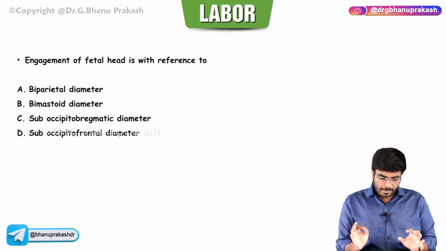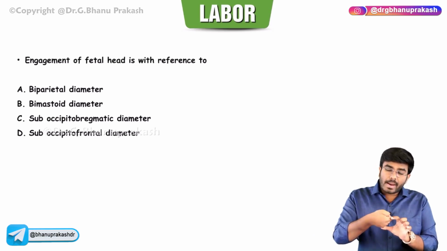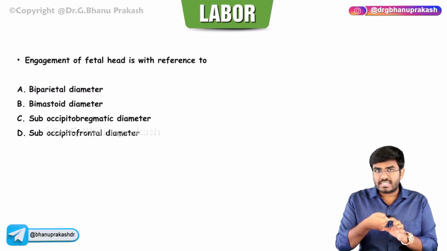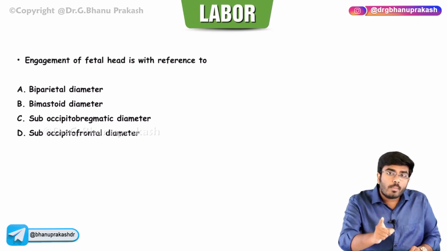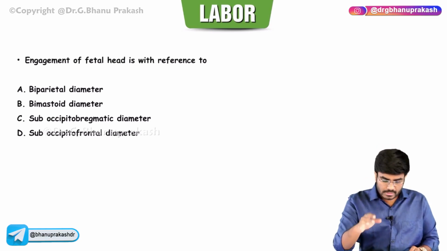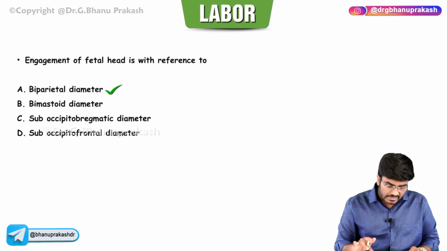The definition of engagement is when the biparietal diameter, which is 9.5 centimeters, enters into the pelvic brim. That's the moment we say engagement has happened. So engagement of the fetal head is in reference to the biparietal diameter.